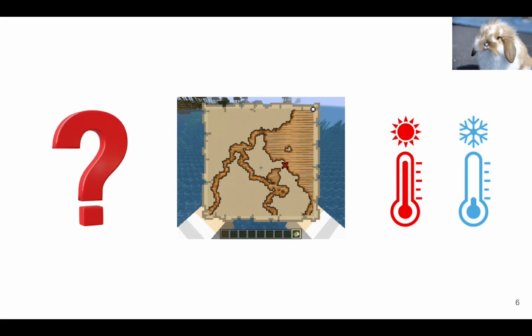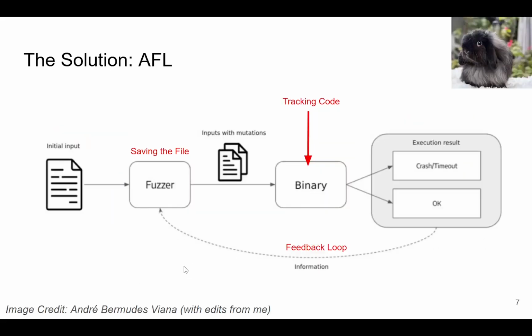It does this by injecting tracking code into the target program, which allows the program to monitor its own execution paths. This tracking code creates a cycle where the program is fed a mutated file. Then it will report back with information about what happened during that run, and it will note whether new code that the program hadn't run before was triggered.